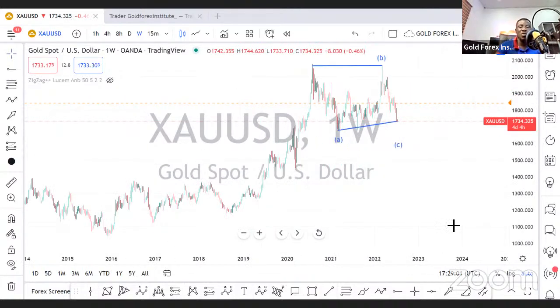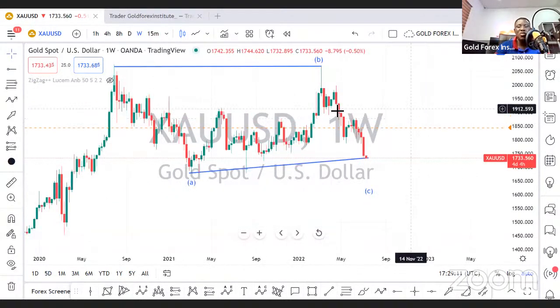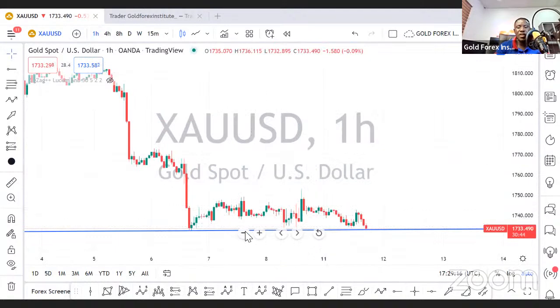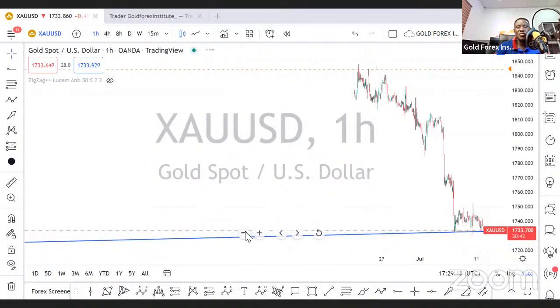So this is just a correction. This correction is an ABC correction, but as to whether it's forming a regular flat or running flat, we don't know. So what you'll be looking at is the breakout of the C leg, which is this level.